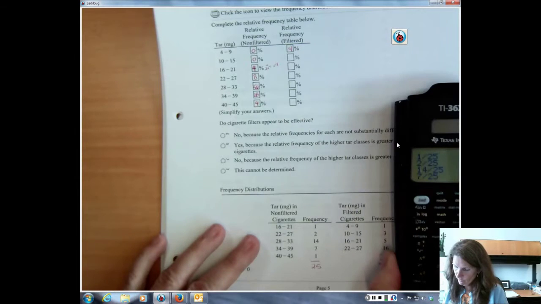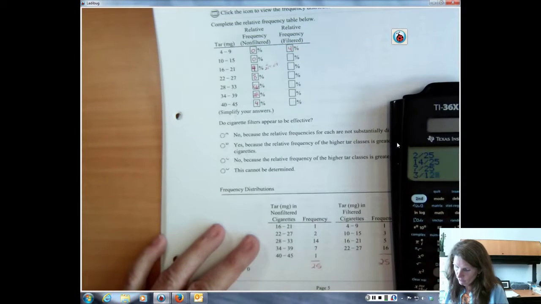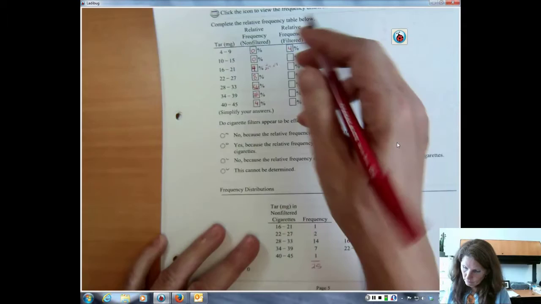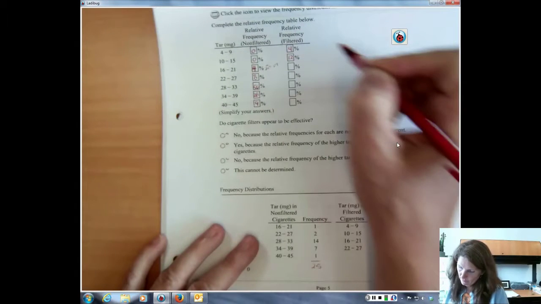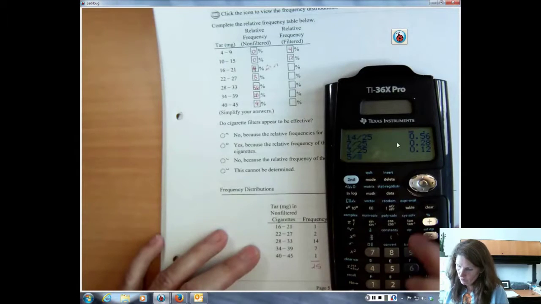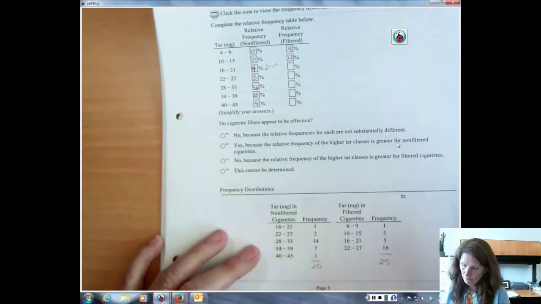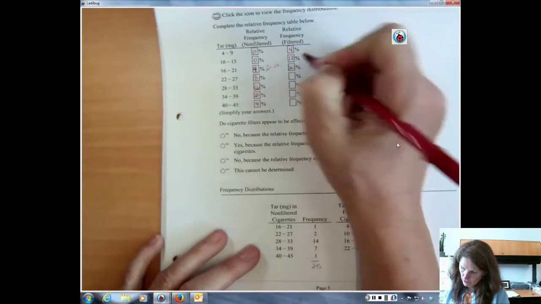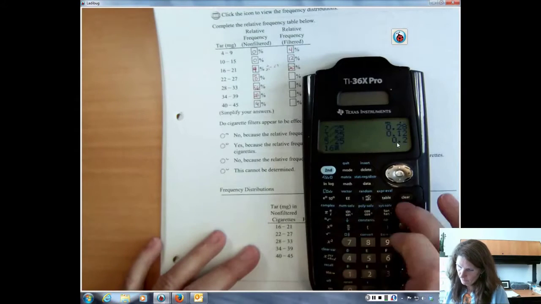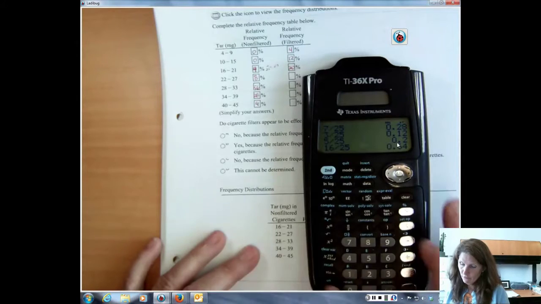Just if you don't feel comfortable, go ahead and check. It's 12 because 3 divided by 25 gives us 12. And then 5 would be 20%. And then 16 is 64%.